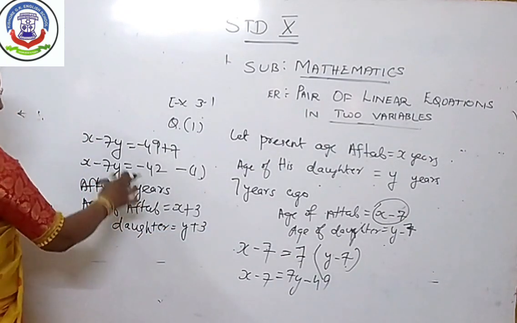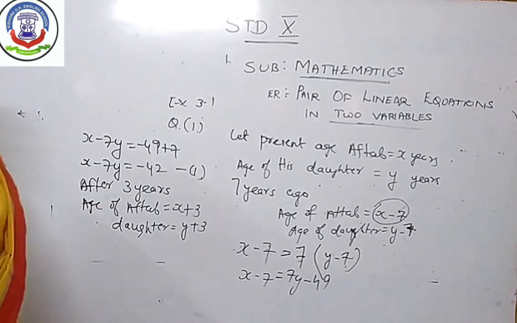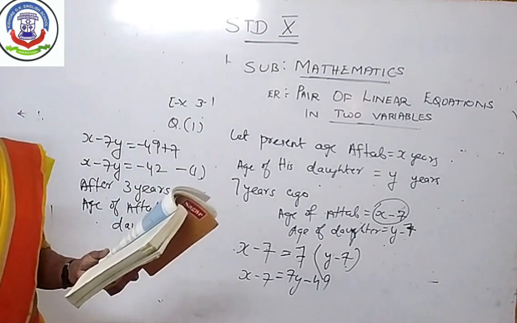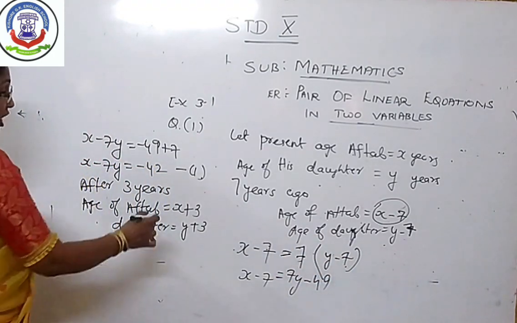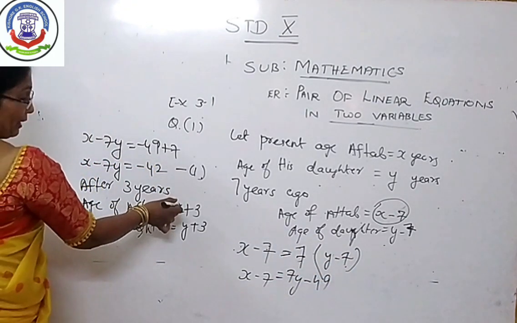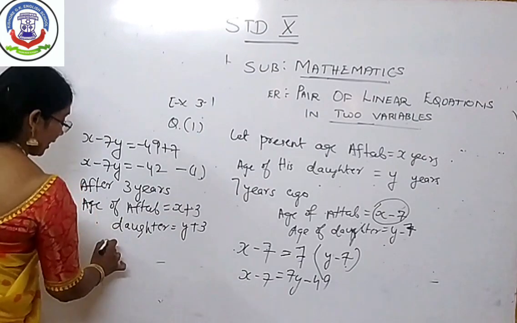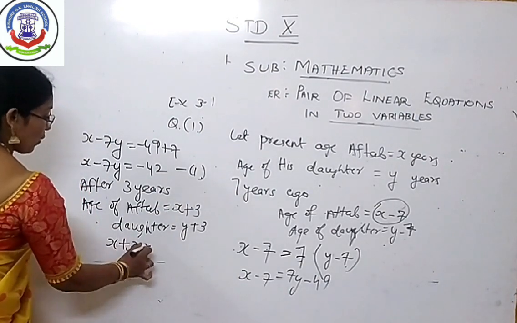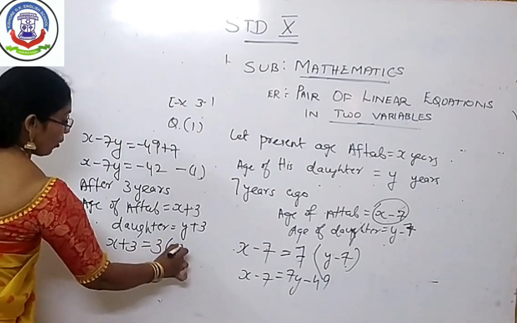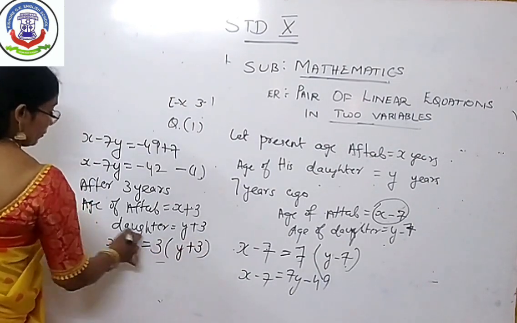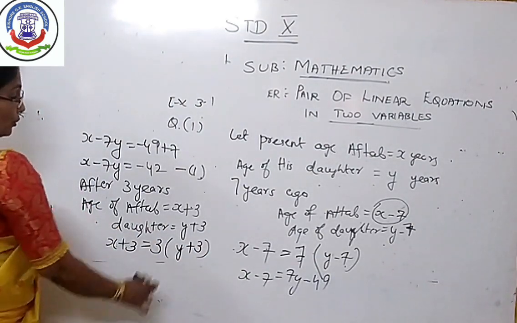Now what is the correlation between these two? It is given here that I shall be 3 times as old as you will be. I shall be 3 times. That means x plus 3 is equal to 3 times the daughter's age.